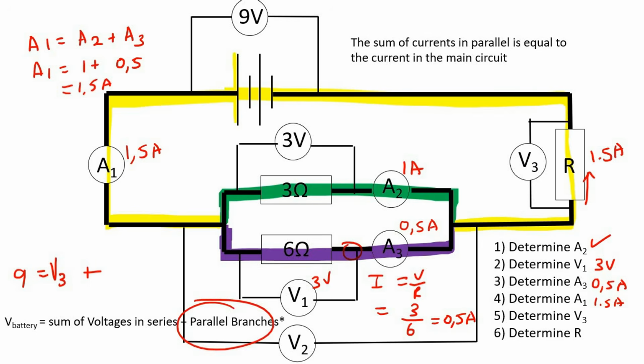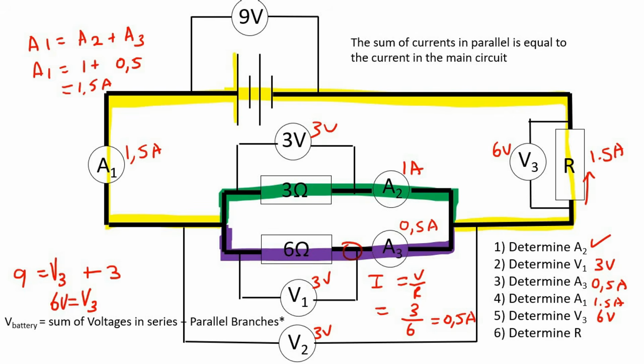And then the parallel branches, remember you only take one of them. They're all going to have a value of 3 volts. This would be 3 volts. This would also be 3 volts. So you just take one of them. You don't take all of them like that. And then if you had to solve for V3, you would get 9, and then you take this 3 to the other side. So it'll be 9 minus 3, and that would be 6 volts. So that is going to be 6 volts over here.